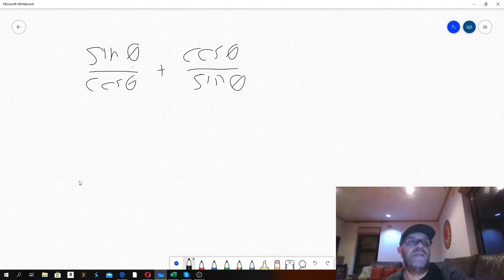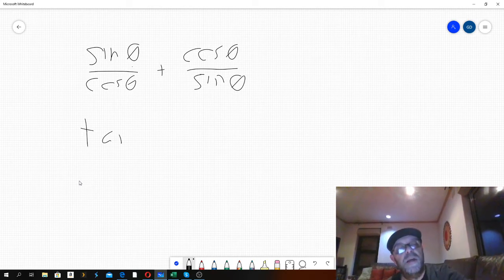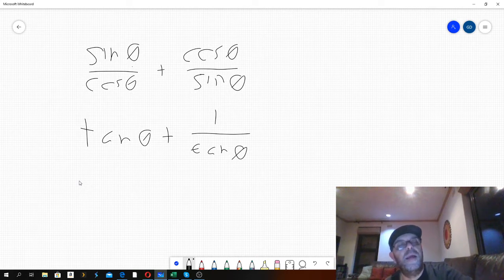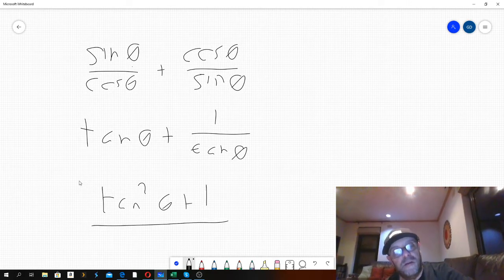We could use an identity straight away and write the following. Tan theta plus cot theta, which is 1 over tan theta.